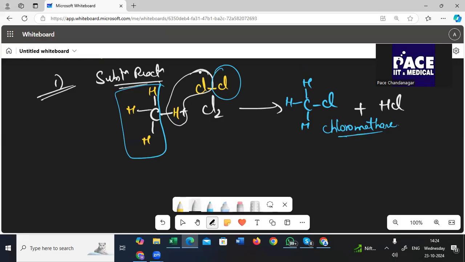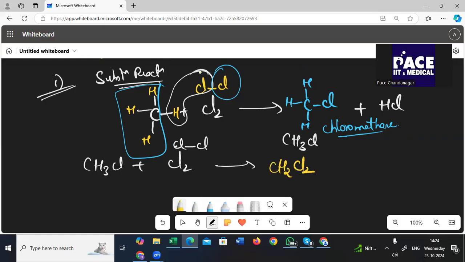Then the next substitution. This is CH3Cl. Now the same thing again: CH3Cl reacts again with chlorine, Cl single bond Cl. Another substitution goes on. Now this turns out to be CH2Cl2, because in CH3Cl, another hydrogen goes off and is substituted by a chlorine.